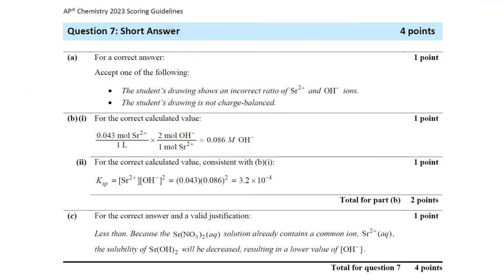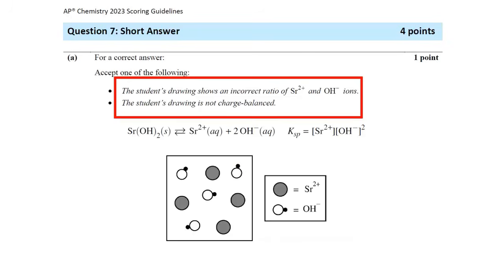What you can see on this slide are the official scoring guidelines from the 2023 AP Chemistry free response question number 7. So the answer to part A is the following. The error in the student's drawing is that the student's drawing shows an incorrect ratio of strontium and hydroxide ions, or you could also say that the student's drawing is not charge balanced.